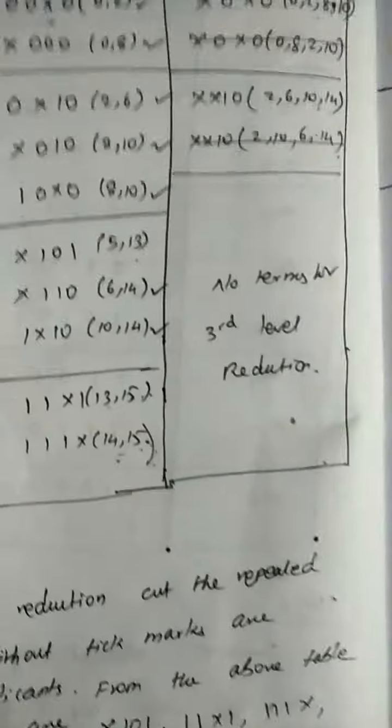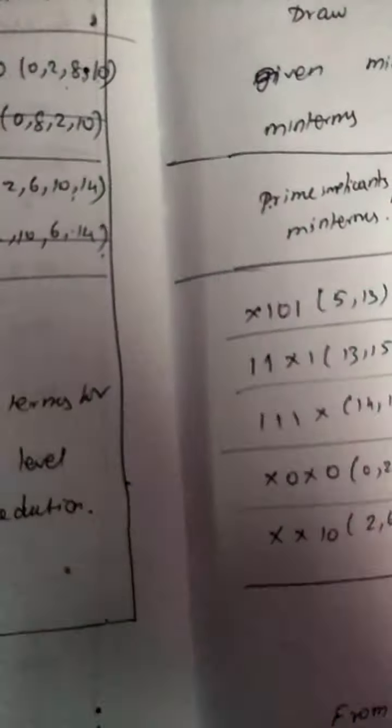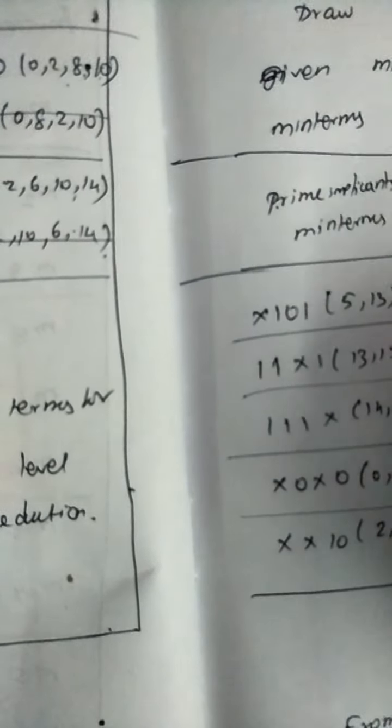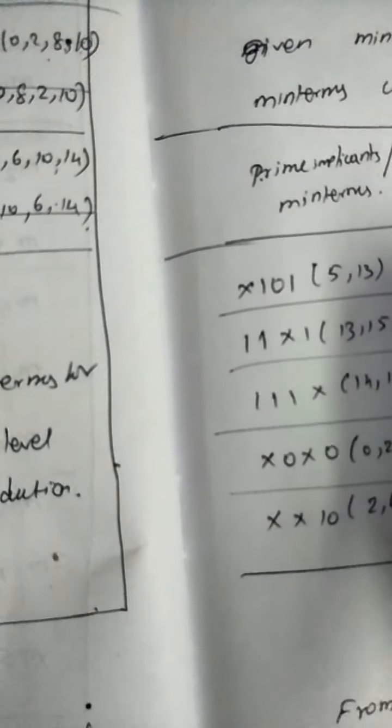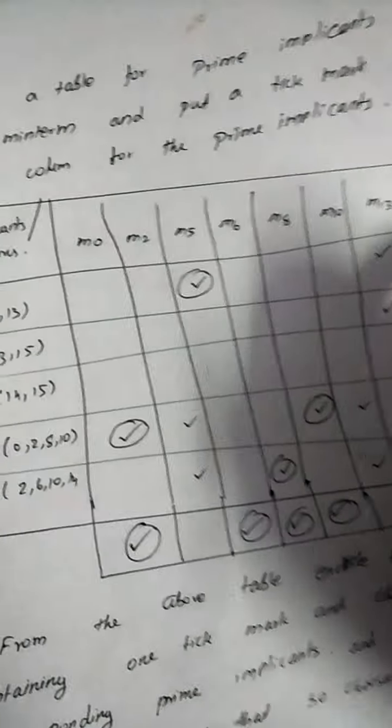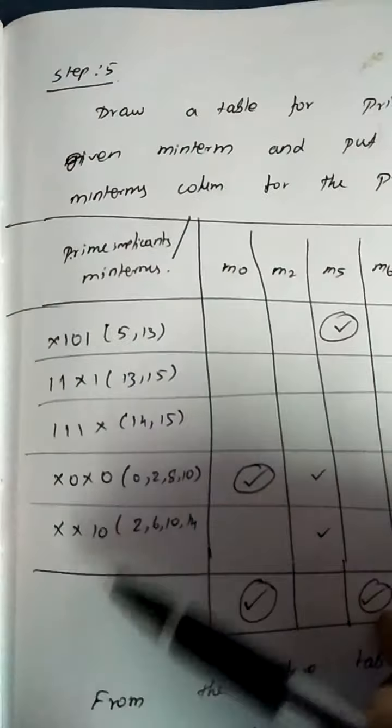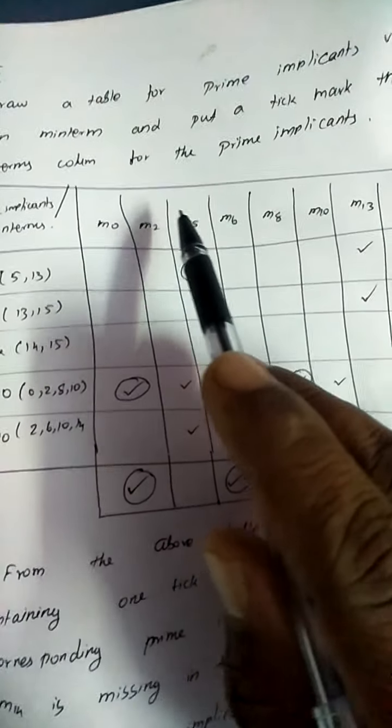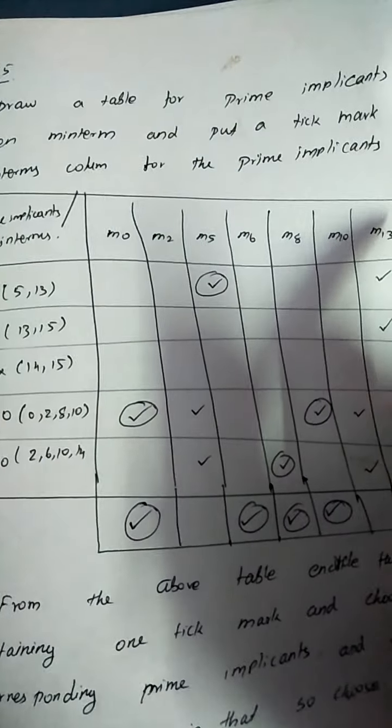Next we draw a table of all the prime implicants we obtained versus the min-terms given in the problem.